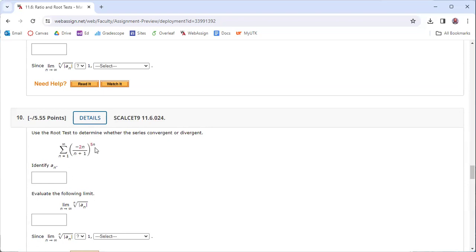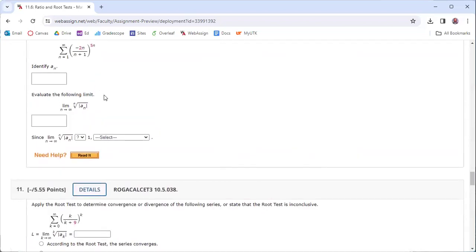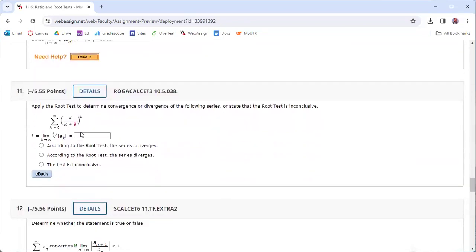Whatever -2 to the 5th comes out to be in absolute value, that's going to be like 32 or something. So this series is like a geometric series of common ratio 32, which would diverge.